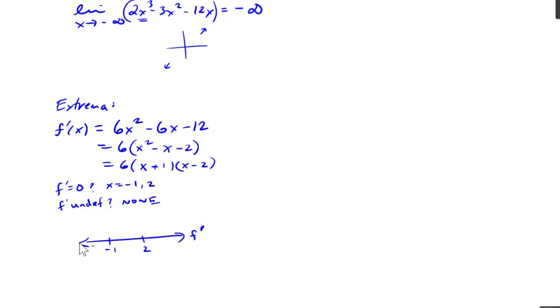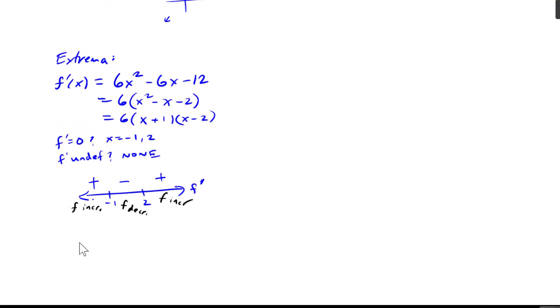So on my derivative chart, if I plug in -2, I'm going to get negative times negative is positive. Plug in 0, I'll get negative. Plug in 3, I'll get positive. So here's where we have f increasing, f decreasing, f increasing.